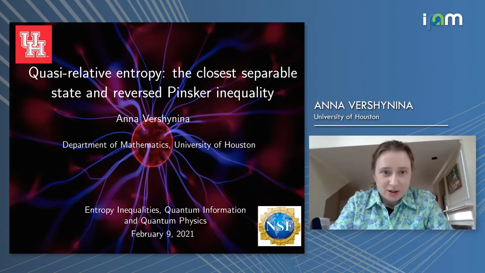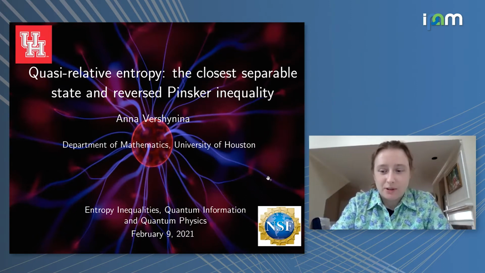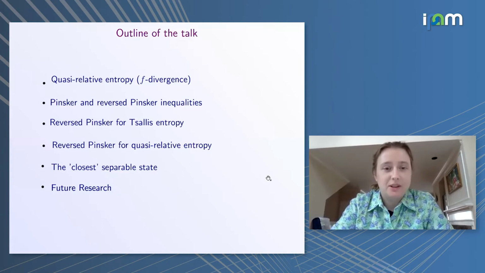So today I'm going to talk about a more general class of quantum relative entropies called quasi-relative entropy, but I'm not actually going to be talking about that much general class. It's called f-divergence, a little bit smaller. And I will talk about the Pinsker and the reverse Pinsker inequalities for this relative entropy.